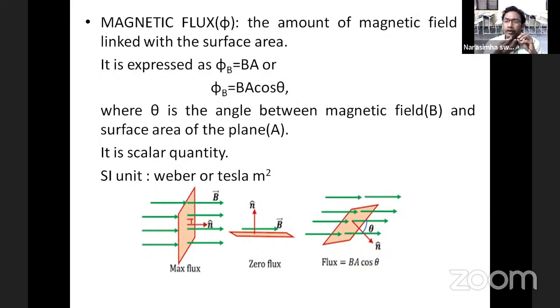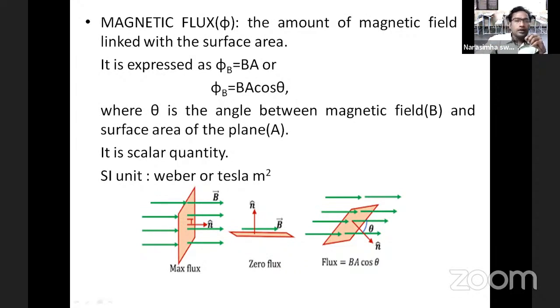How many lines of force enter the piece of iron in a given surface area is nothing but the magnetic flux. It is denoted by phi.